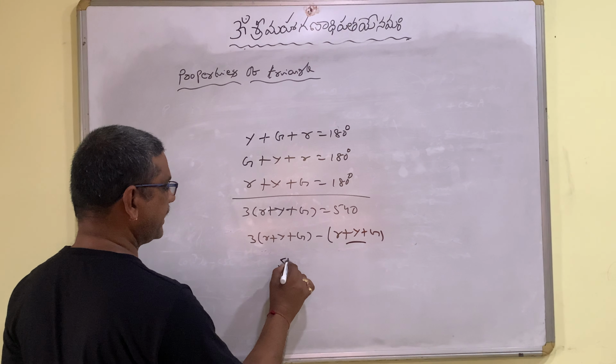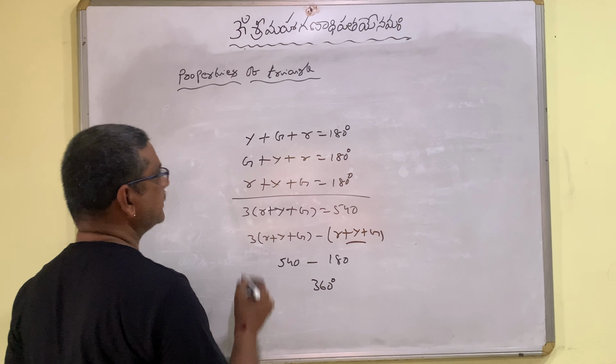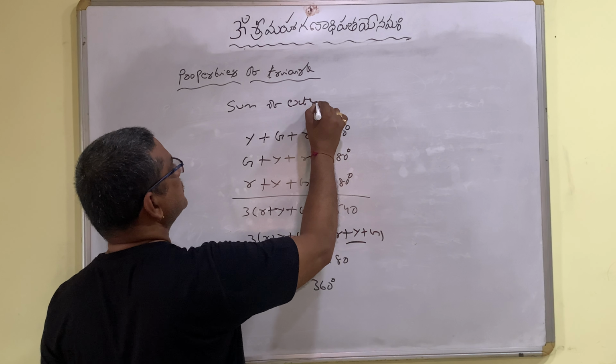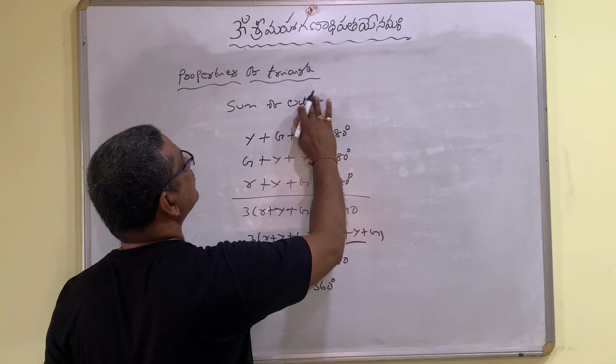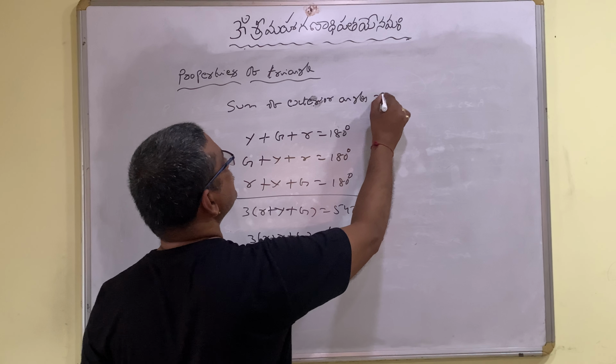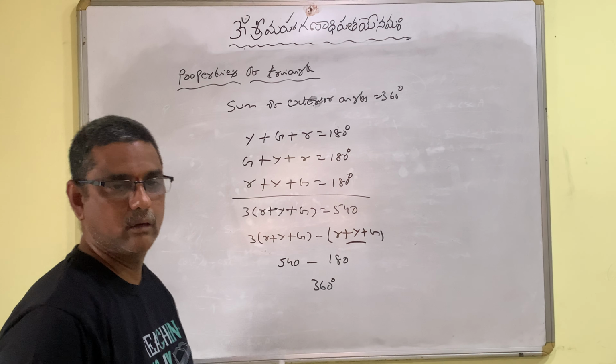So this is 540 minus 180, which is 360 degrees. So the sum of exterior angles is 360.